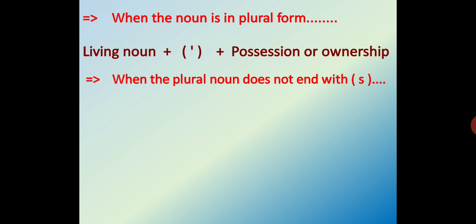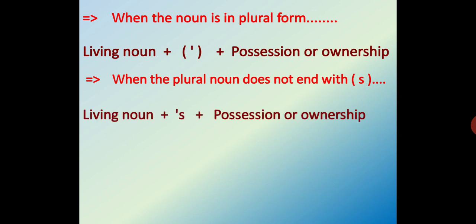Child, children, foot, feet, etc. In these cases, we follow living noun plus apostrophe s plus possession or ownership. Means we add apostrophe s because their last letter will not be s.